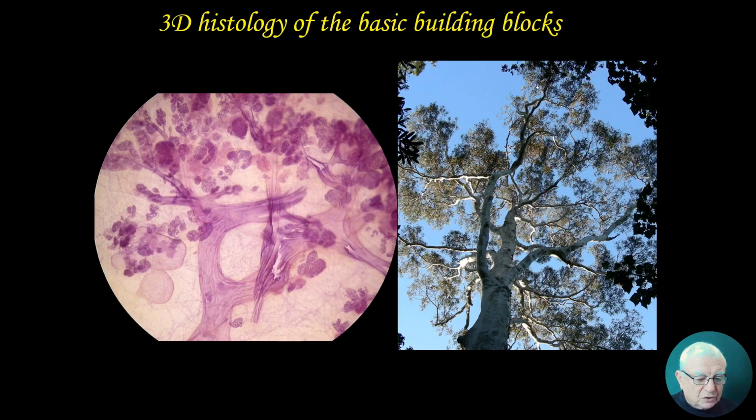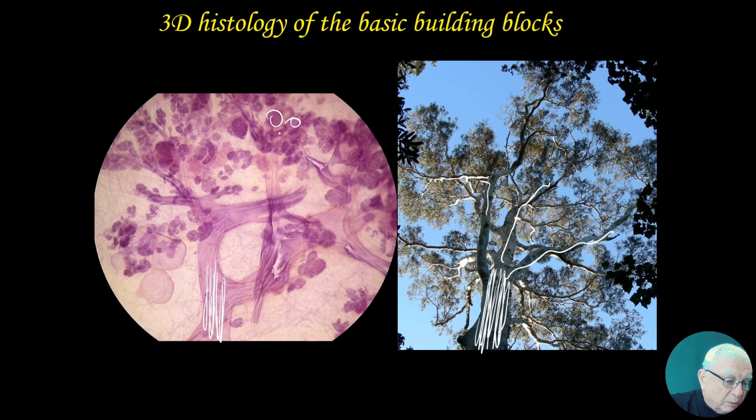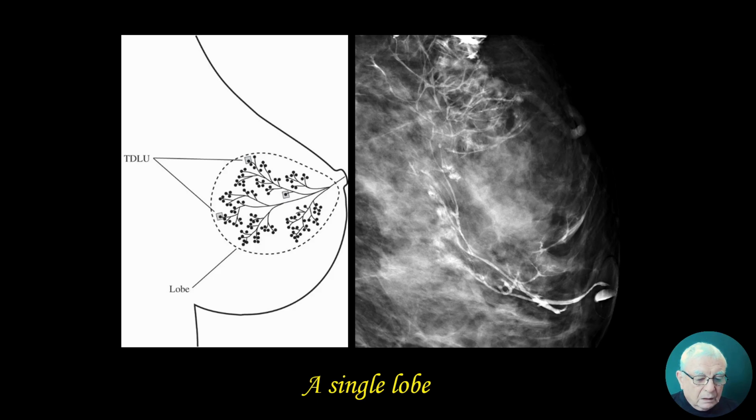That's why the comparison is so simple. And learning is fun. The trunk of the tree, the main lactiferous ducts, the branches, and the leaves, as well as the terminal ductal lobular units. Dear colleagues, this is a single lobe.